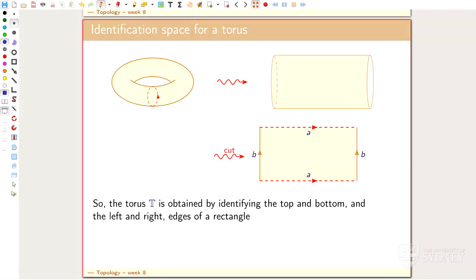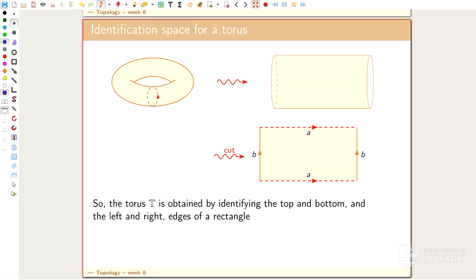So we have now identified a piece of paper with a much more complicated object by just adding the rules. Okay, I have edges labeled A, glue them together. I have edges labeled B, glue them together. And guess what? People use that.